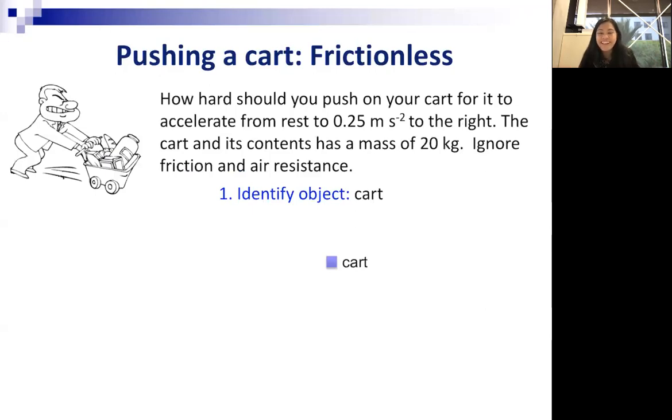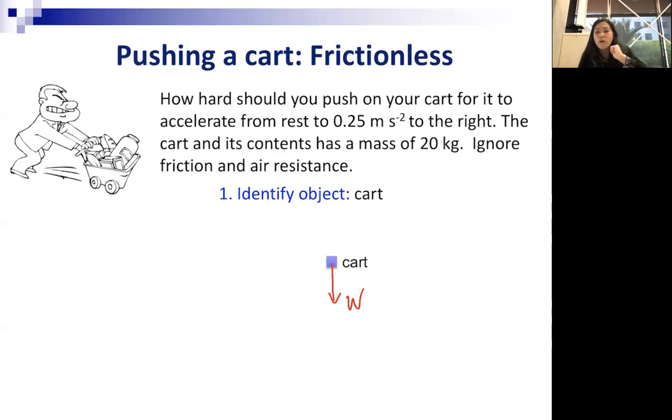Weight, very good. Yeah, it's the easiest force of all. Whenever you have mass, you'll have weight. What's the direction of the weight force? It's always downwards, right? Okay, any other force acting on the cart? Yes, the ground is supporting the cart.